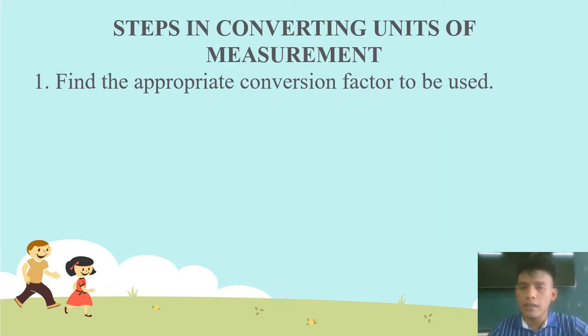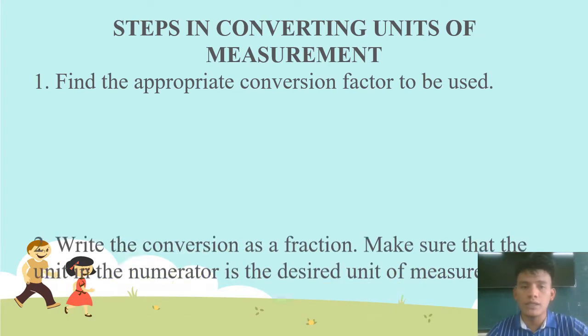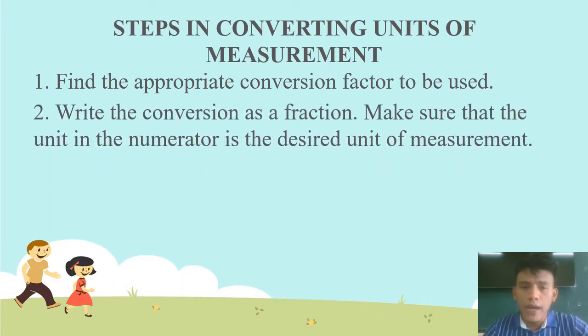Steps in converting units of measurement. So these are the steps. First, find the appropriate conversion factor to be used. Second, write the conversion as a fraction. Make sure that the unit in the numerator is the desired unit of measurement. So it means that if we are looking for feet, then the numerator for our desired unit must be in feet.